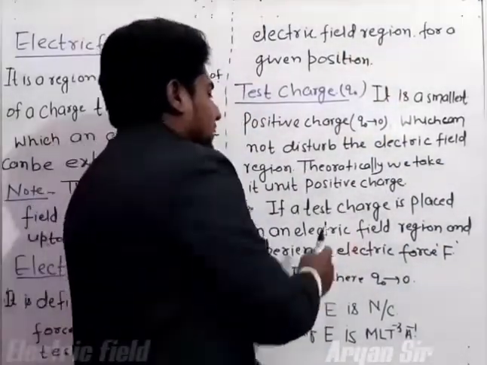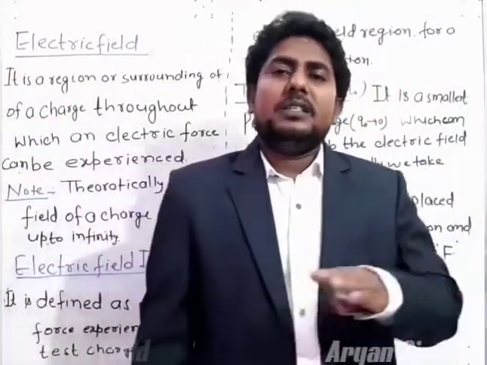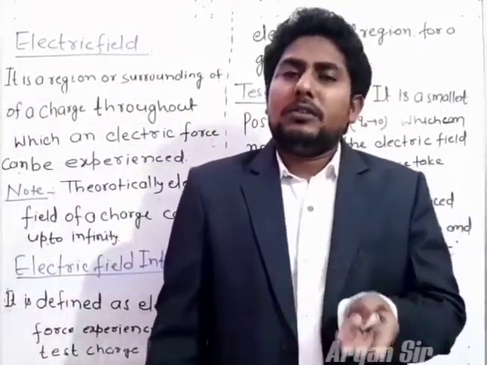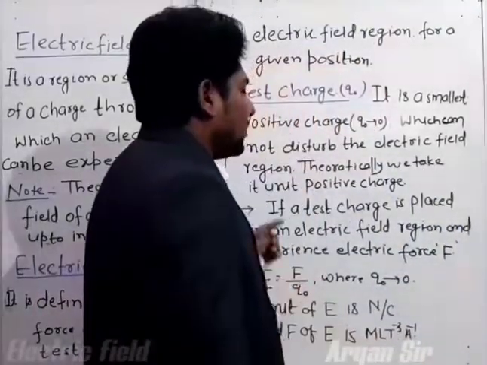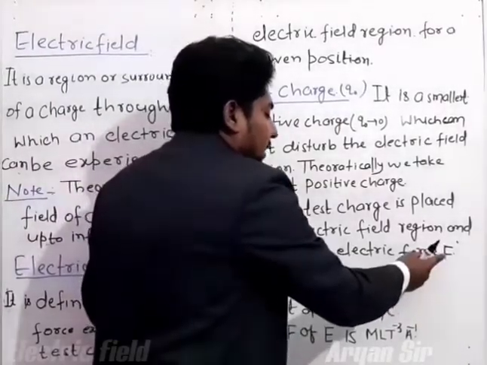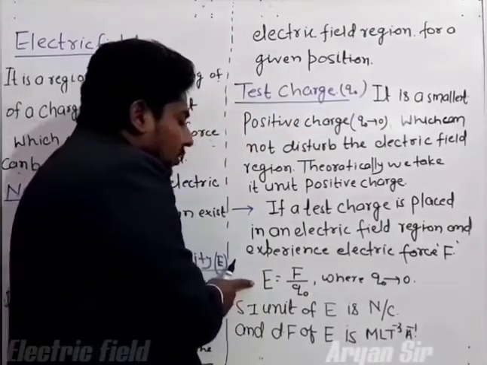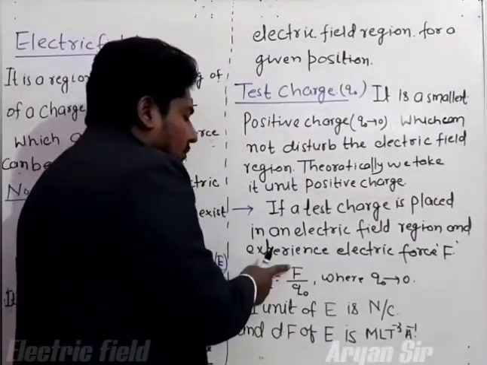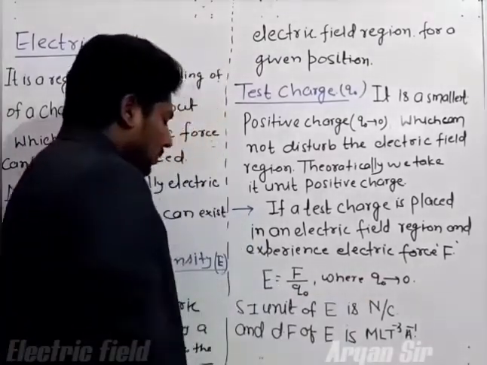Let us suppose we place the test charge inside the electric field, so it will experience an electric force. If a q0 test charge is placed inside the electric field and it experiences an electric force F, then electric field intensity, denoted as E, is equal to F by q0, where q0 tends to 0.